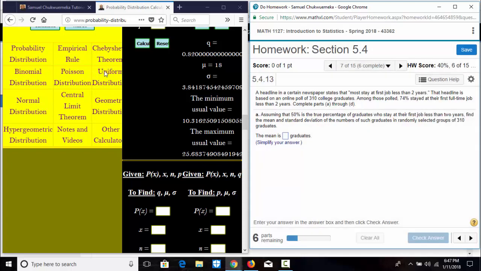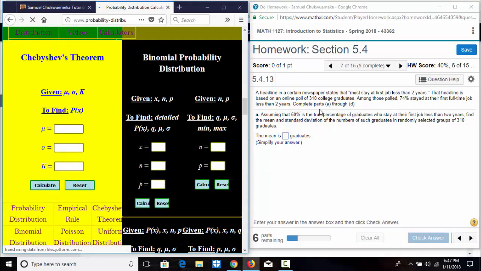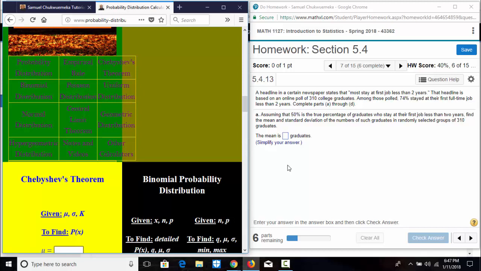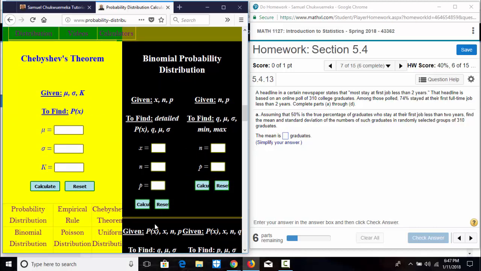Question 7. A headline in a certain newspaper states that most stay at first job less than 2 years. That headline is based on an online poll of 310 college graduates. Among those polled, 74% stayed at their first full-time job less than 2 years.